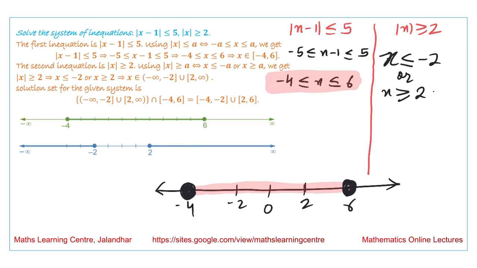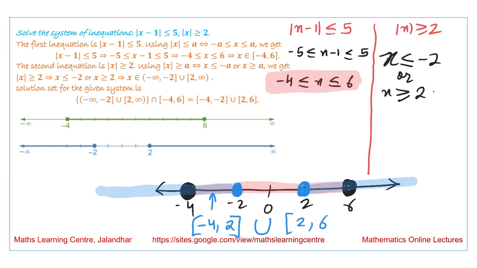Second case, x is less than equal to minus 2, and x is greater than equal to 2. So the common region we have over here is minus 4 to minus 2, where minus 2 is included and 2 is included, so the interval is closed, union 2 to 6. So this is the solution set in this case.